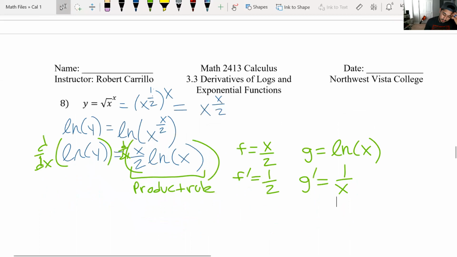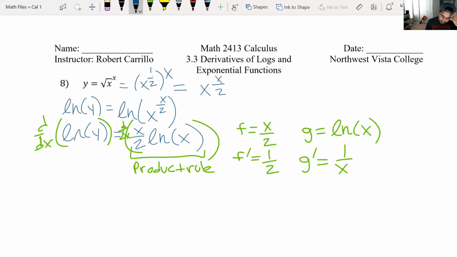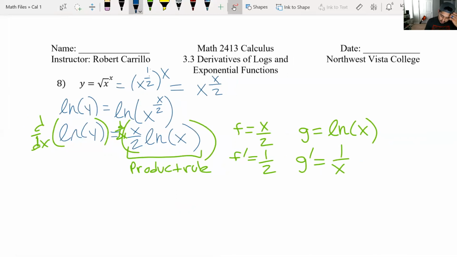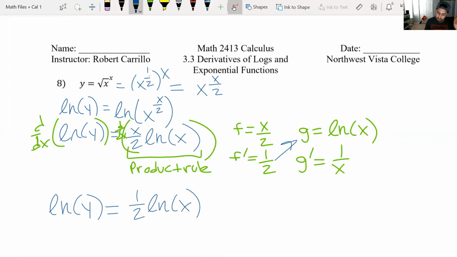Now we can move on, meaning that the natural log of y is equal to f prime g, 1/2 natural log x plus x over 2 times 1 over x.